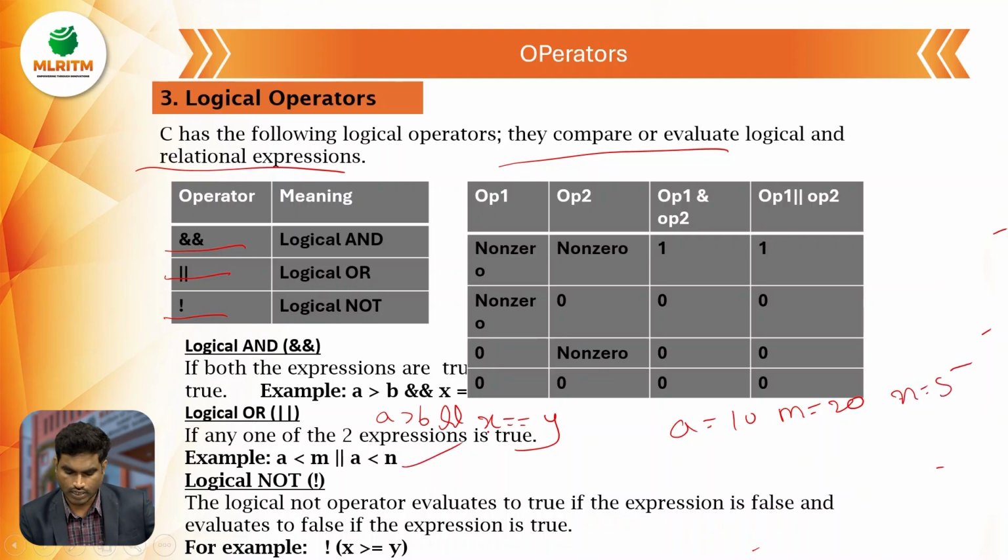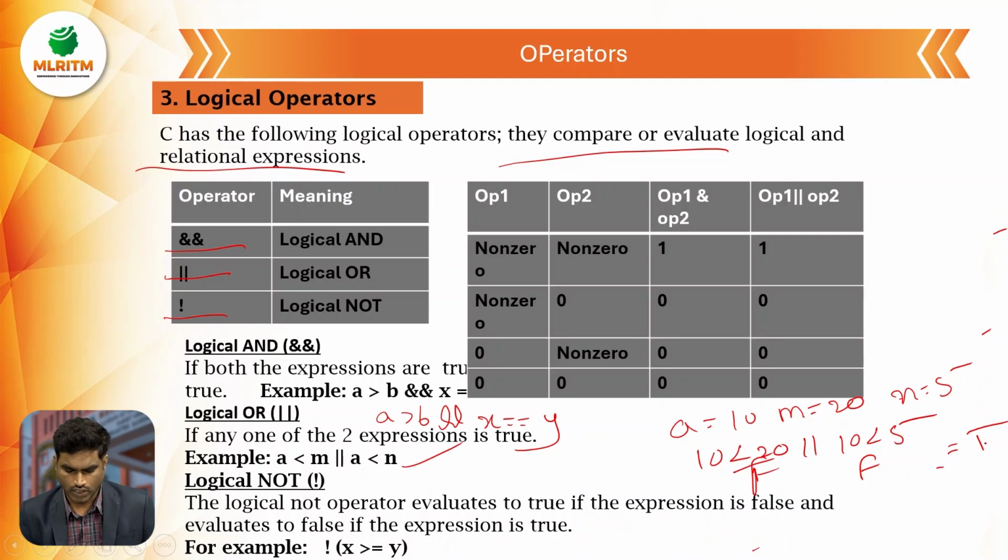Here those values are substituted in these conditions. 10 less than 20 or 10 less than 5. This condition is true, this condition is false. Finally, the result is true. If any one condition is true, the result is true. When both are false, the result is false. In all remaining cases, the result is true.